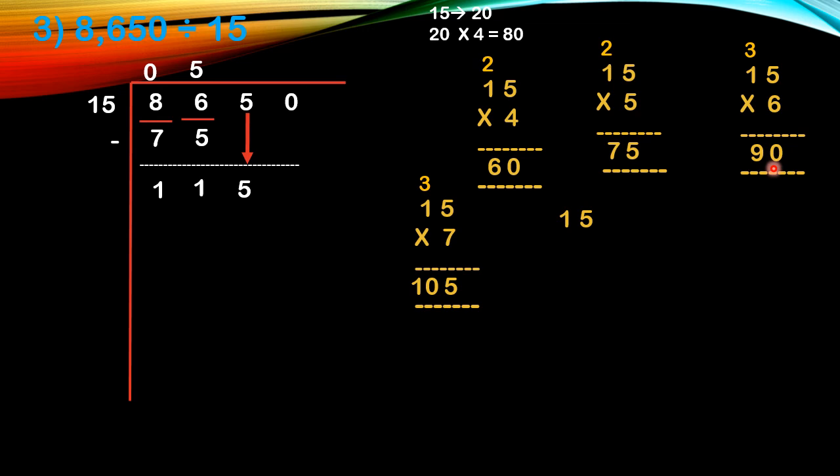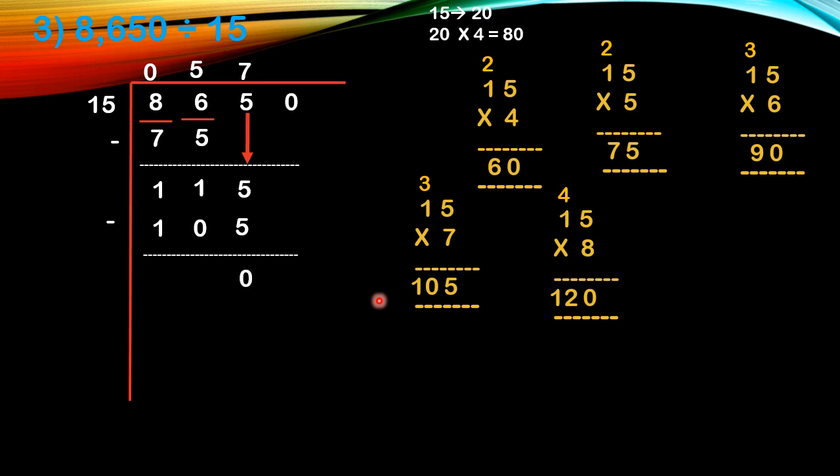This 105 is less than 115, isn't it? Then we can find the next number also, 15 into 8. 5 8s are 40, carry 4, then 1 8 is 8, 8 plus 4 is 12. But here 120 is greater than 115. So we can write 7 in the quotient. Then we can write 105.